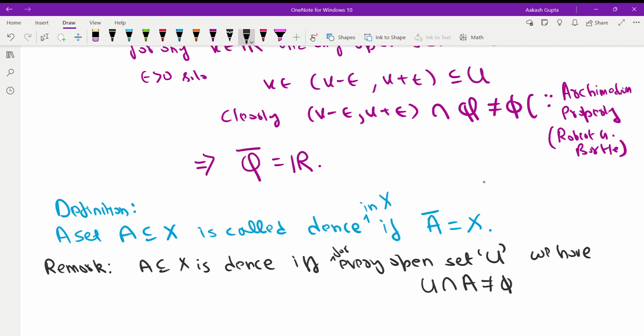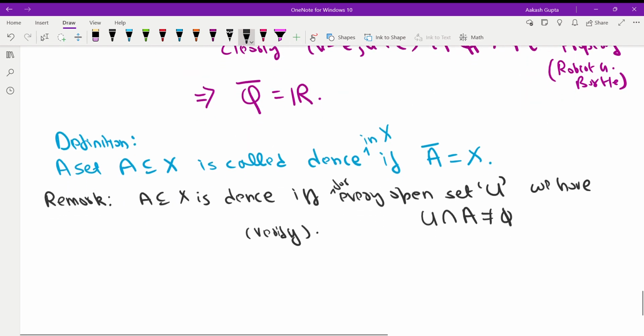So you see, it is like the set A is everywhere. Please verify this. If you haven't understood it, verify it and write the proper argument like we have done above.